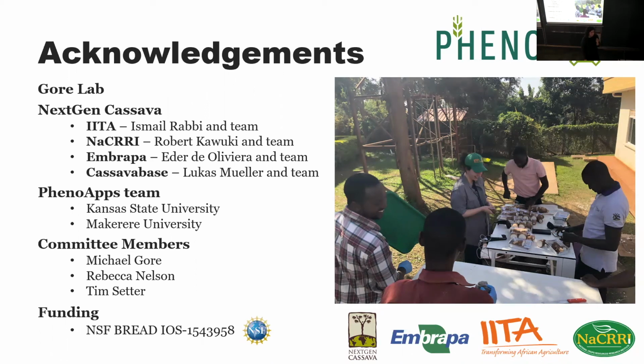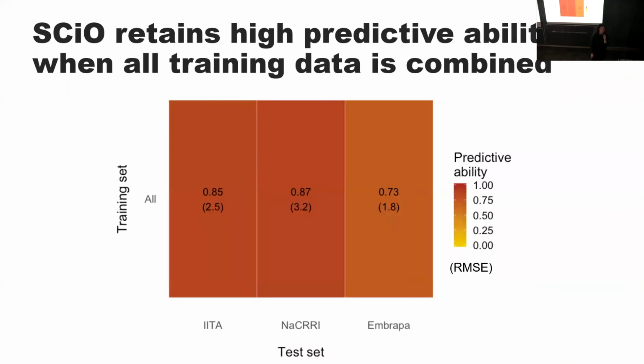But I just wonder if there's a test set that isn't in the big model. So here what I did is train on two programs and 70% of the third and then test on that 30% holdout. I haven't tried training a model on, say, IITA and NaCRRI and predicting EMBRAPA, but that's definitely something that I could do.